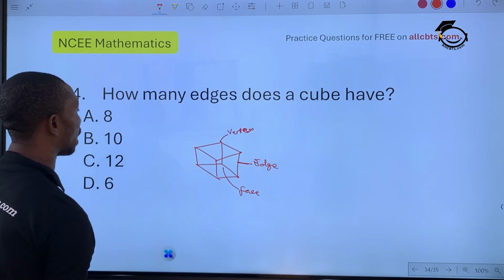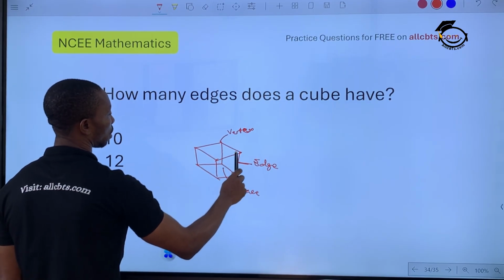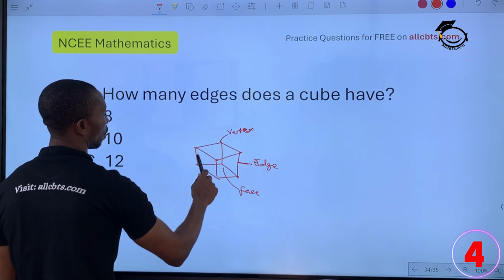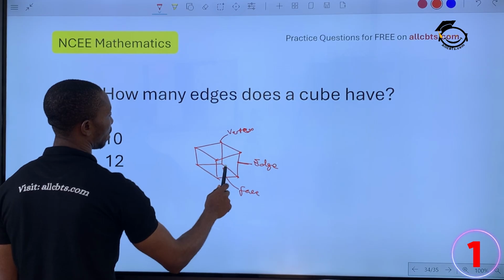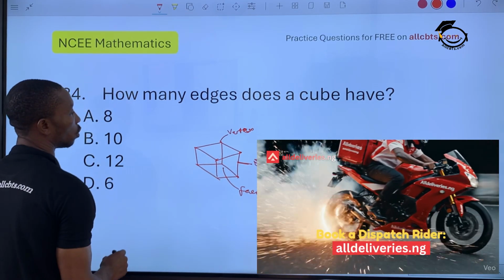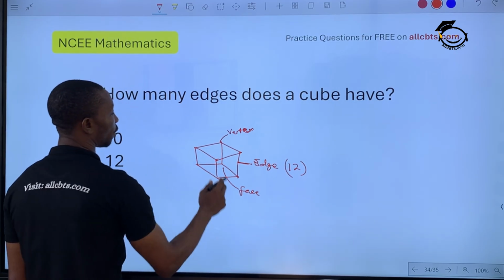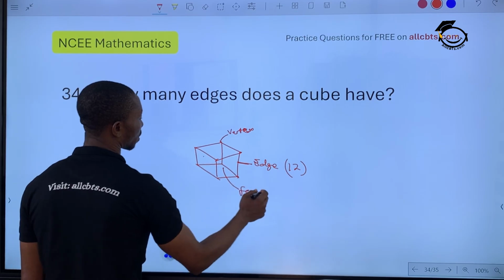So let's look at our edges. Our edge is 1, 2, 3, 4, 5, 6, 7, 8, 9, 10, 11, 12. So edges are 12. The faces are 1, 2, 3, 4, 5, 6.